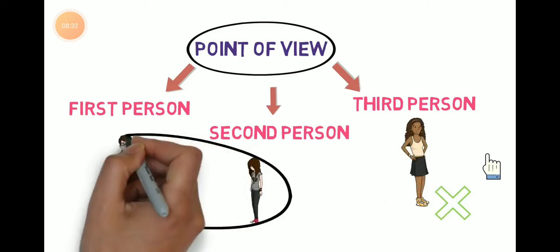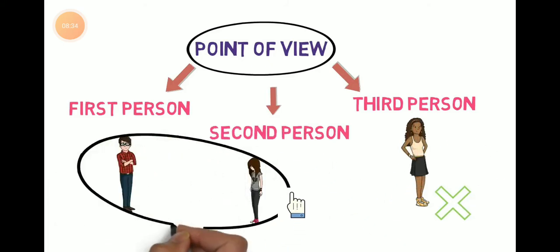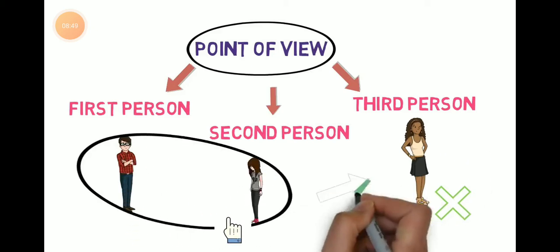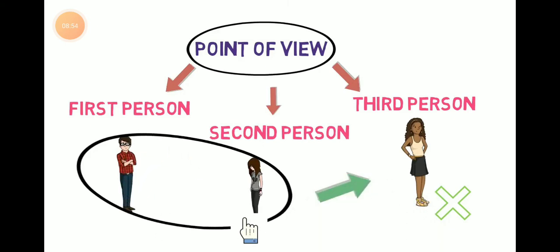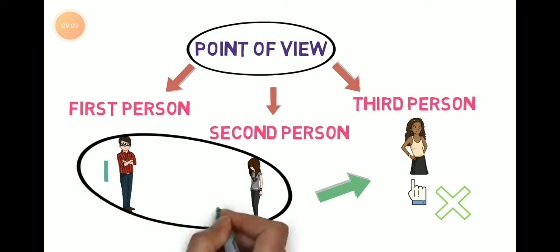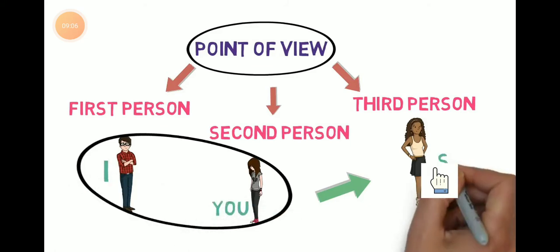Okay, understood? Now let's say a conversation takes place between the first person and second person, and it is not heard or listened to by the third person. Then what happens? The first person told a message to the second person, and that message is only audible to the second person. If this second person wants to tell the message of the first person to the third person, then it is modified in many ways.